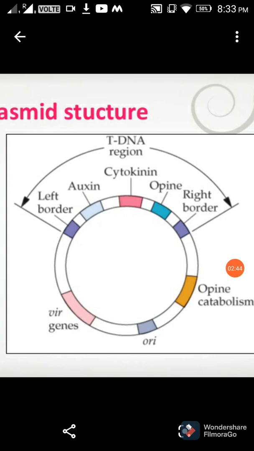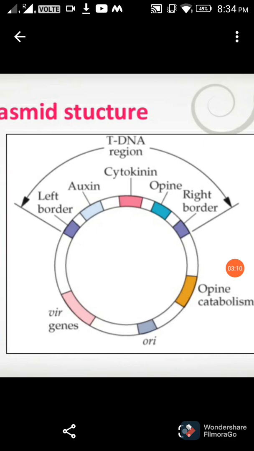And the opines, which are specialized amino acids, are synthesized in the plants, but then they are catabolized in the bacteria itself, because the bacteria has this opine catabolism gene in the TI plasmid. You can see here the opine catabolism is for catabolizing these opines which are synthesized in the tDNA region.